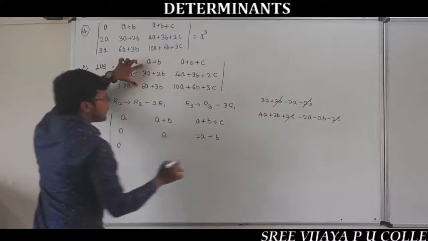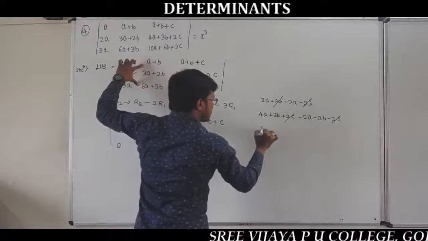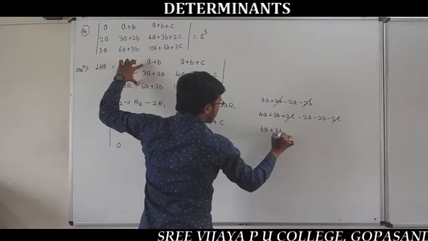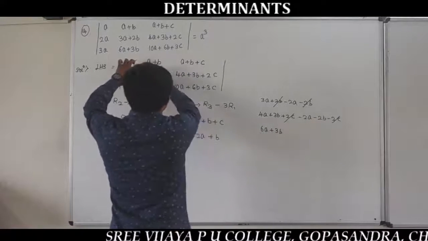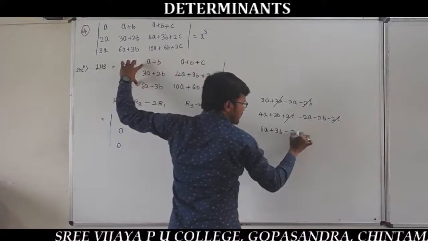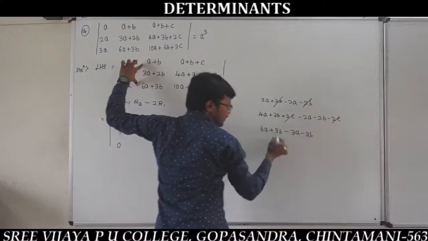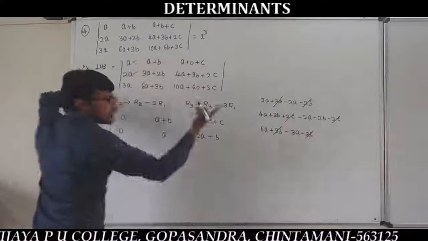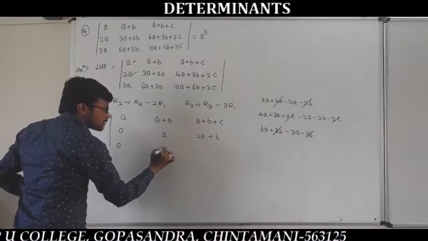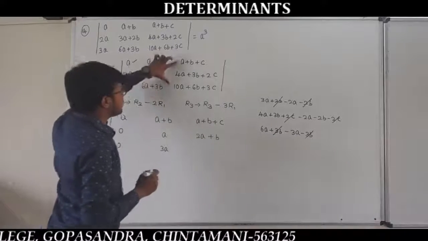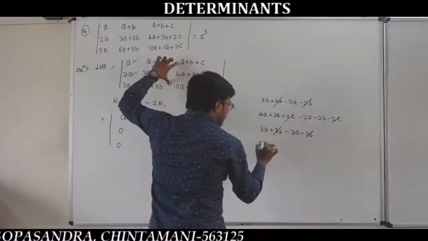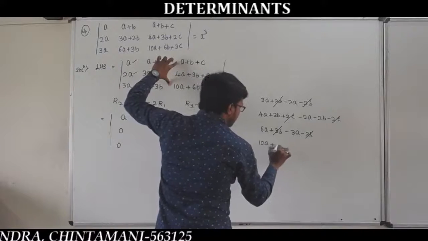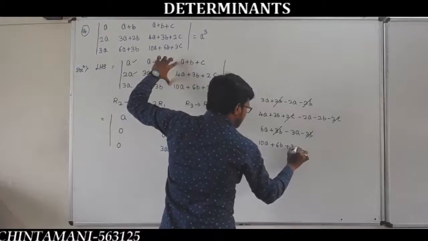Same with these elements. R3 is 6a plus 3b. Minus 3 times R1 means multiply with minus 3, so minus 3a minus 3b. Plus 3b minus 3b gets cancelled, and 6a minus 3a you get 3a. Next, for these two, R3 is 10a plus 6b plus 3c.